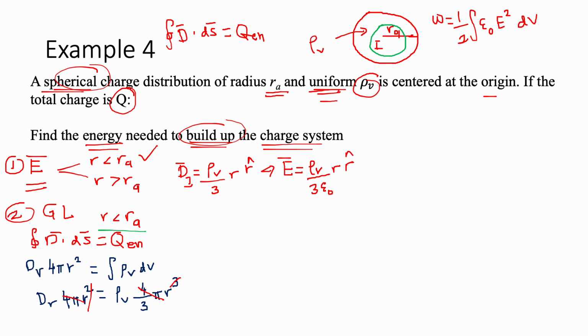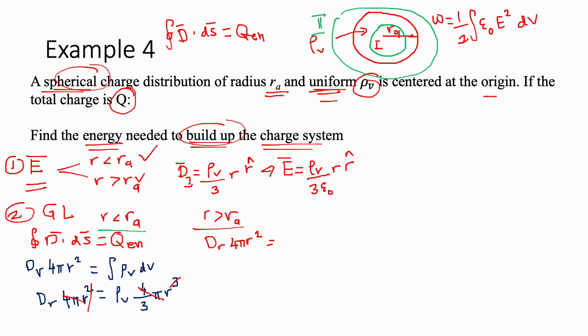So how about for R larger than RA? When your R is larger than RA, your left-hand side is still the same here: D r is going to be 4 pi r squared, still the same. But now your Gaussian surface is located outside, in this outside area.